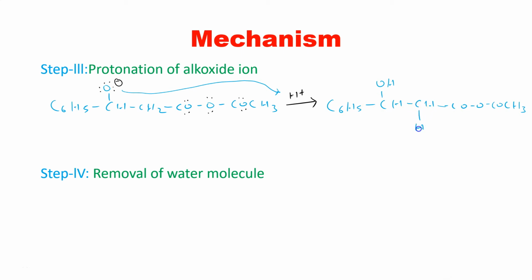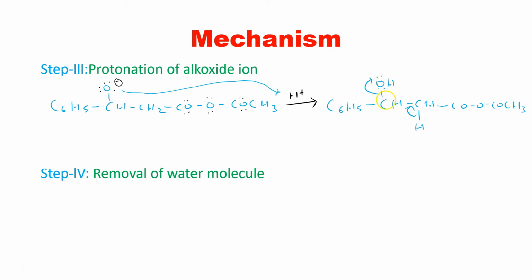The hydrogen from this carbon will donate the lone pair of electrons towards the carbon-carbon, and it will form a double bond between carbon and carbon, and here the carbon oxygen bond will break and it will carry away the lone pair of electrons with itself.